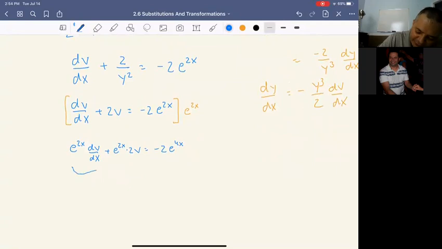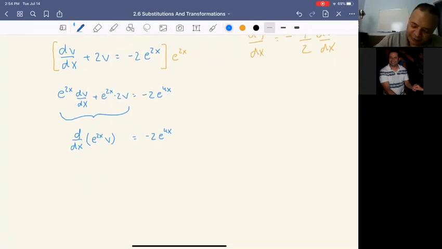This side condenses into the derivative with respect to x of e to the 2x v equals negative 2 e to the 4x.